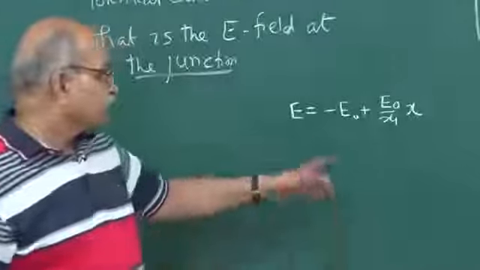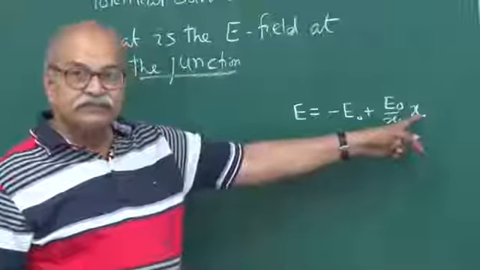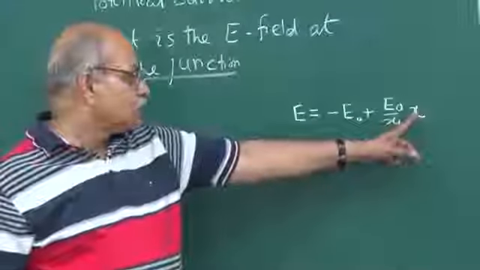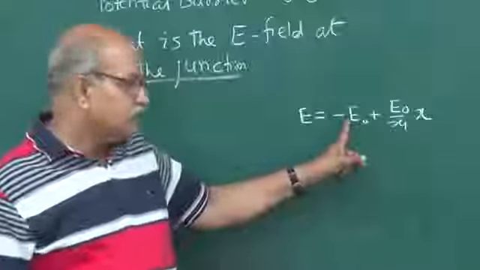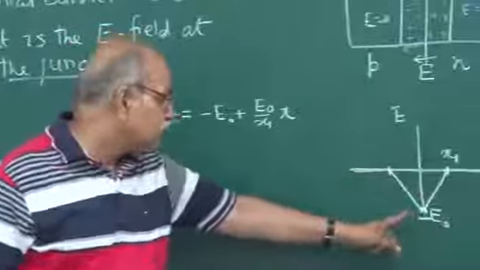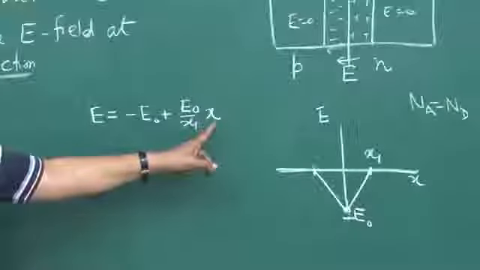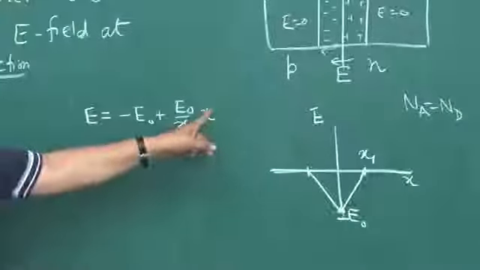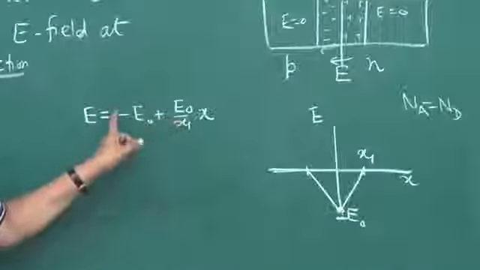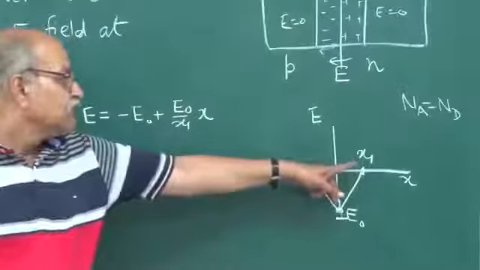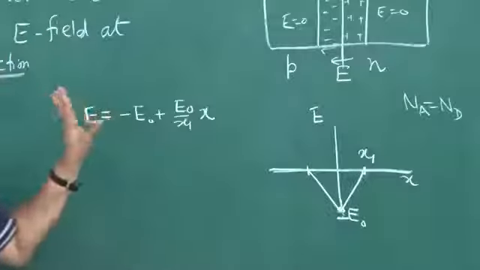Just check. This is a linear equation, and at x equal to 0, E is equal to minus E naught. At x equal to x1, x over x1 is 1, so minus E naught plus E naught will be 0, and it is linear. So this is the equation.